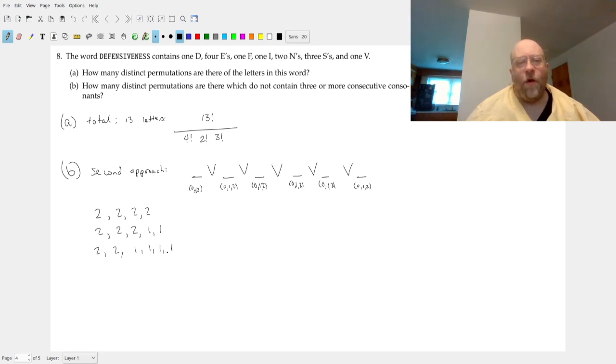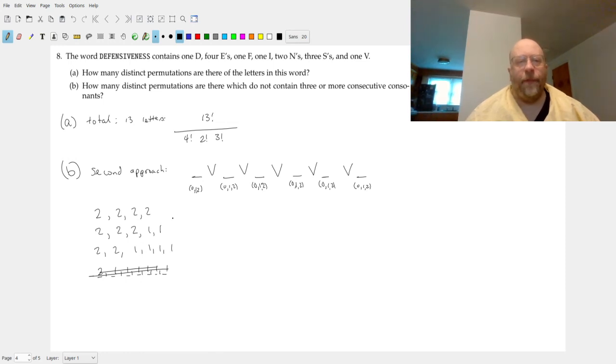But I can't go any smaller than this. I can't have 2, 3, 4, 5, 6, 7, 8, because this takes a total of 7 slots, and there are only 6 slots available. So I can't do that. And so this gives me just 3 cases that we have to check out.